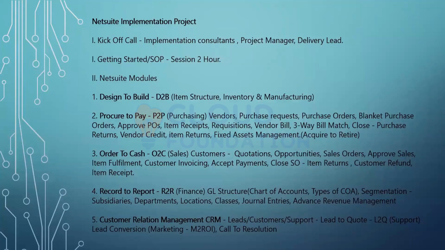In procure to pay, it is called a vendor bill. So vendor bill is nothing but a bill that you are actually creating against a vendor and you have to make a payment. Now invoice. Invoice is something that you are actually creating against a customer and you have to receive the payment against the invoice.